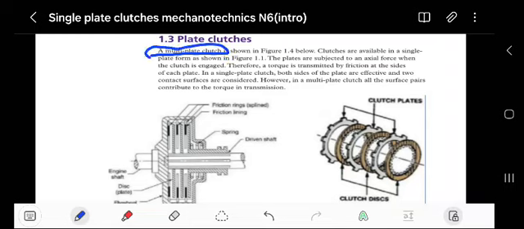A multiple plate clash is shown in figure 1.2 below. Clashes are available in a single plate form, as shown in figure 1.1. The plates are subjected to an axial force when the clashes are engaged. This is a multiple clash.